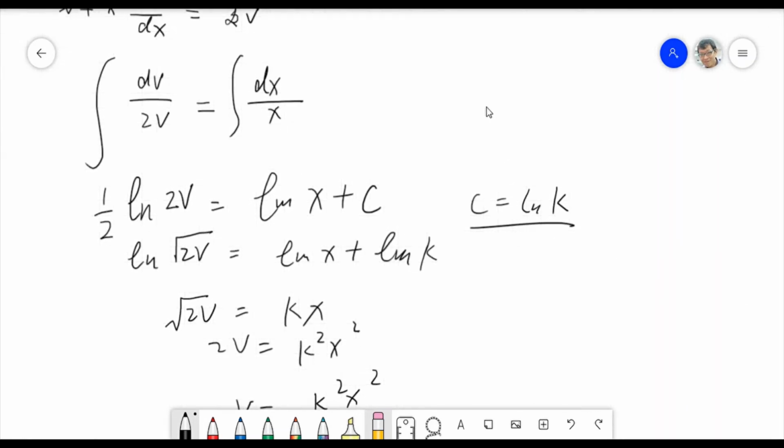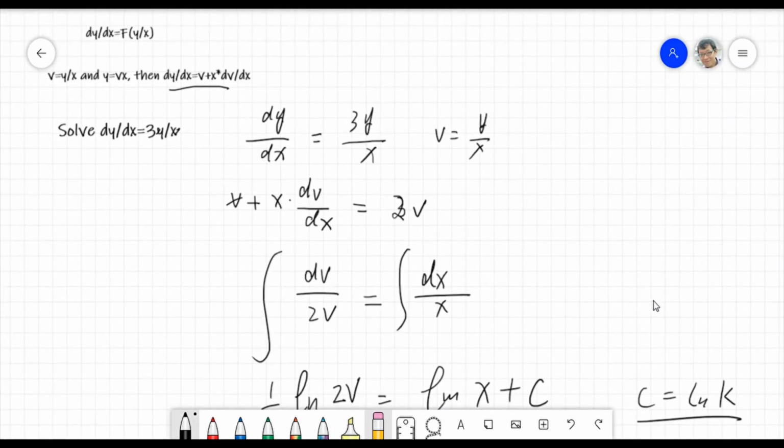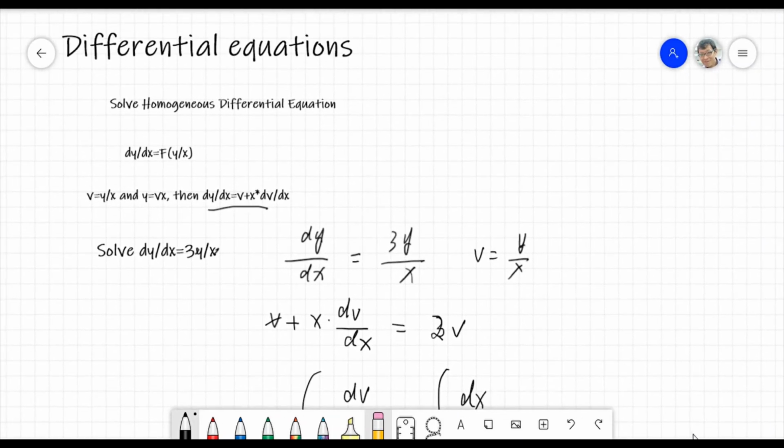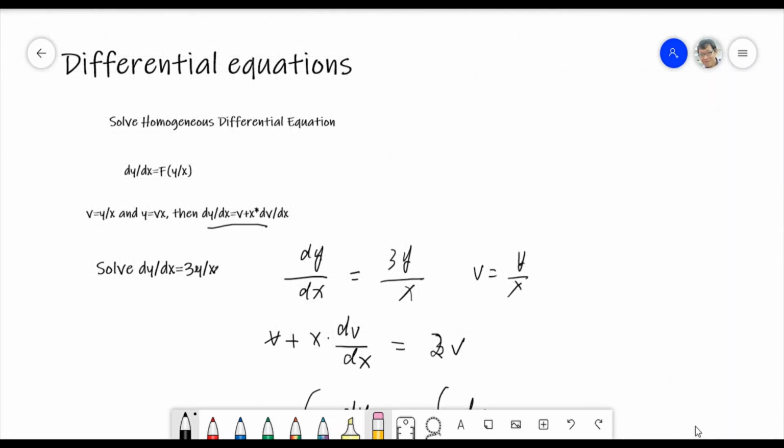So that's it. Today's example is in fact quite simple. There are very hard and deep examples. Since we don't have time to elaborate those things, if you're interested, you can do that at your end. But generally speaking, as I observe, homogeneous differential equations have a very limited scope.